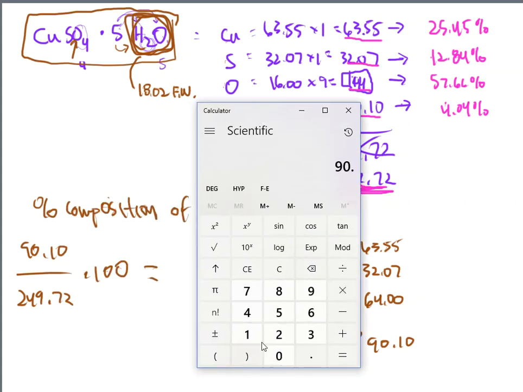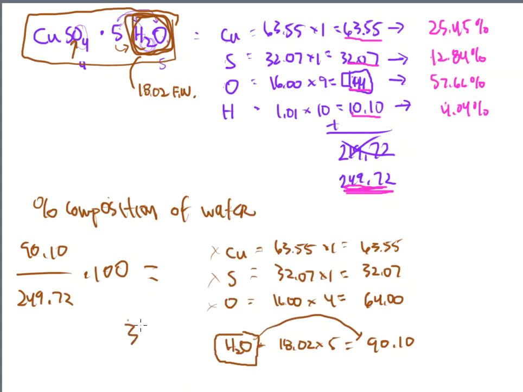So 90.10 divided by 249.72. Then I multiply by a 100, and I get 36.08%. So 36.08% of the weight is coming from the water that's associated with the hydrate.